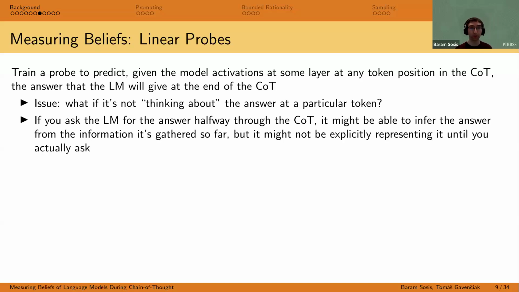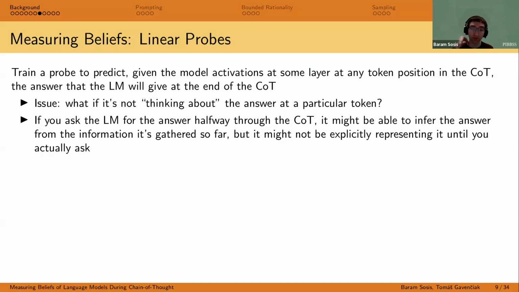In this context, what it would mean is you get the activations of a language model while it's doing some chain of thought problems, and you train a linear probe to predict, from the activations while it's doing this chain of thought, what the ultimate answer it's going to give is. So you train it to predict the final answer that the chain of thought is going to give. And the hope would be that this measures what the language model currently thinks the answer is while it's working through this process.